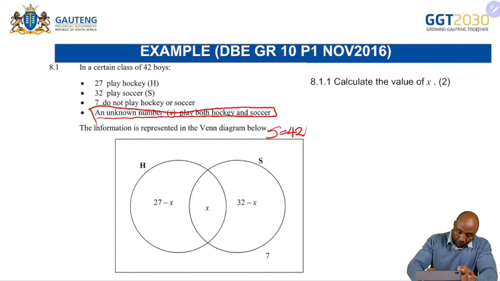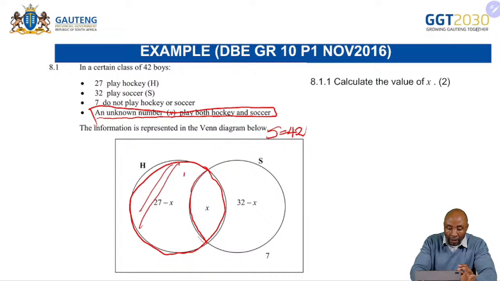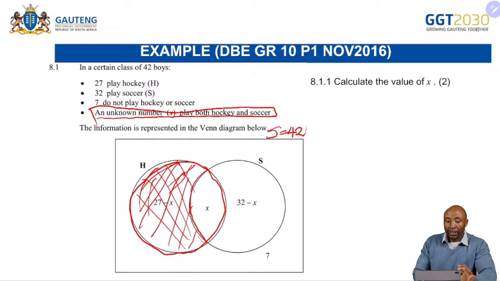Remember, hockey, it's that red circle. If I add the number of players that play soccer and hockey, which is x, for hockey only, I must get the 27 minus those that are playing both, so that I'm able to get hockey only, which is what I have as the shaded region there. That's 27 minus x.